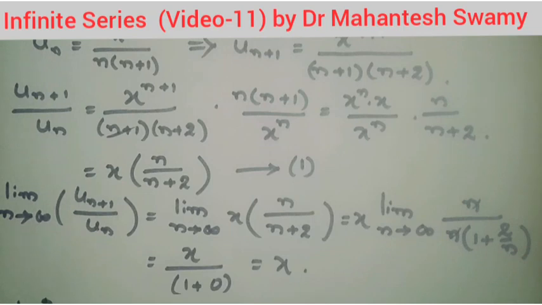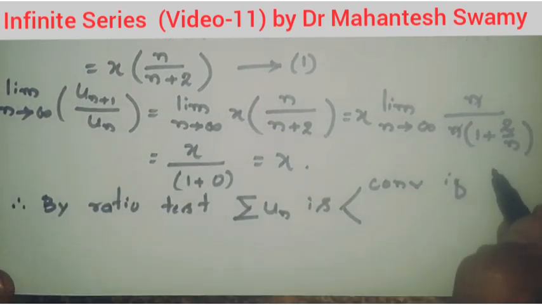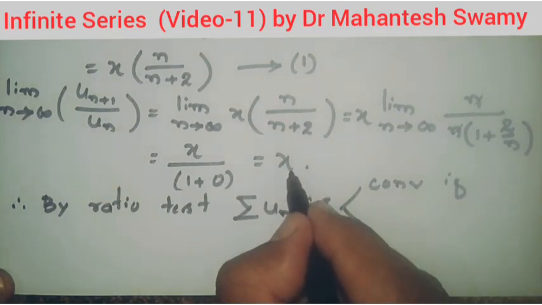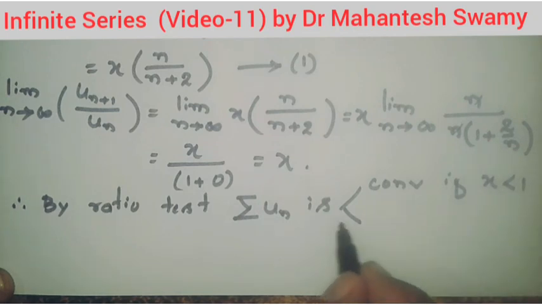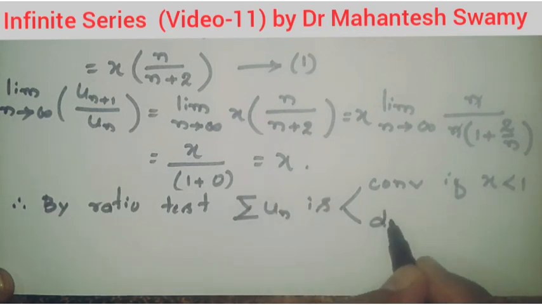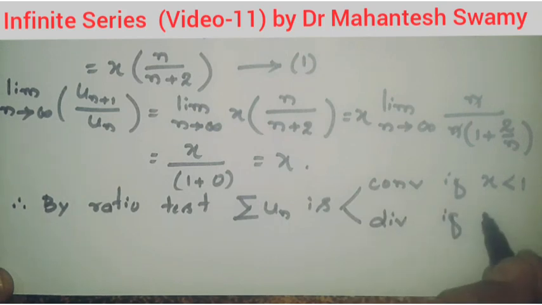Therefore we can conclude by ratio test that the given series summation un is convergent if the value of the limit, which is x here, is less than 1, and the given series is divergent if the value of x is greater than 1.